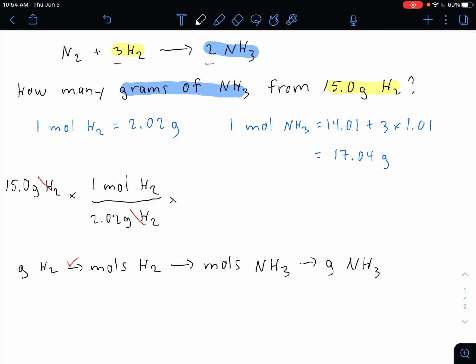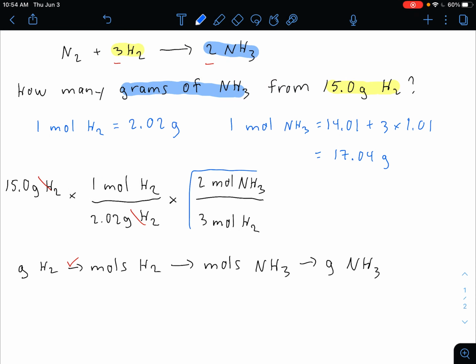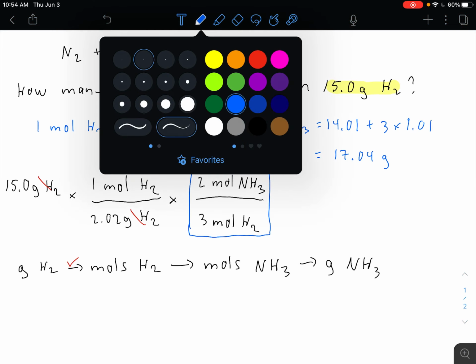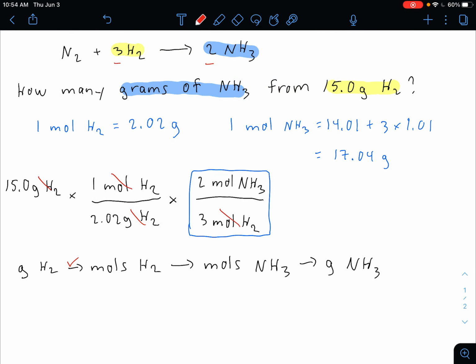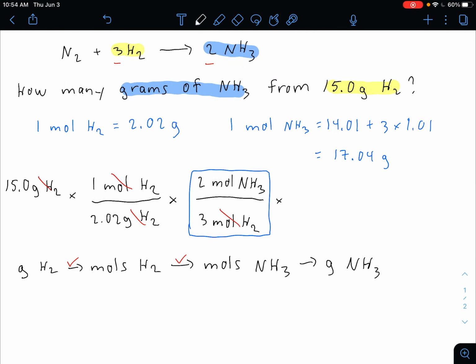Then just say whatever the balanced equation says, which is 3 moles of H2 in, 2 moles of NH3 out. Again, boxing this step, that's the only one coming from the coefficients in the equation. Verifying that we're still on the right track, converted moles of reactant to moles of product. And then in the last step, moles of product to grams of product.